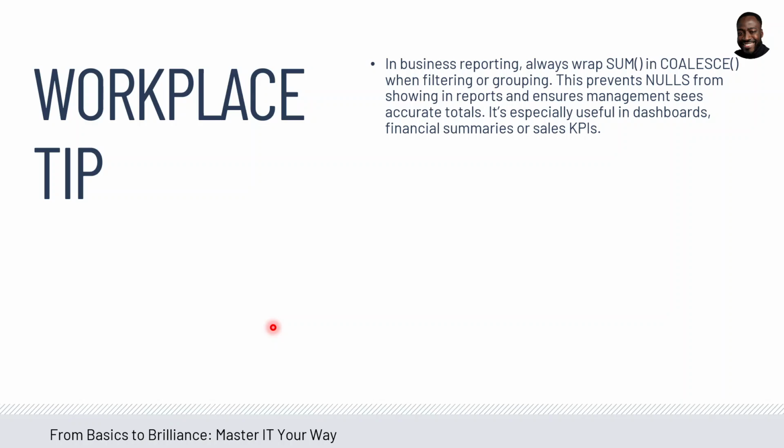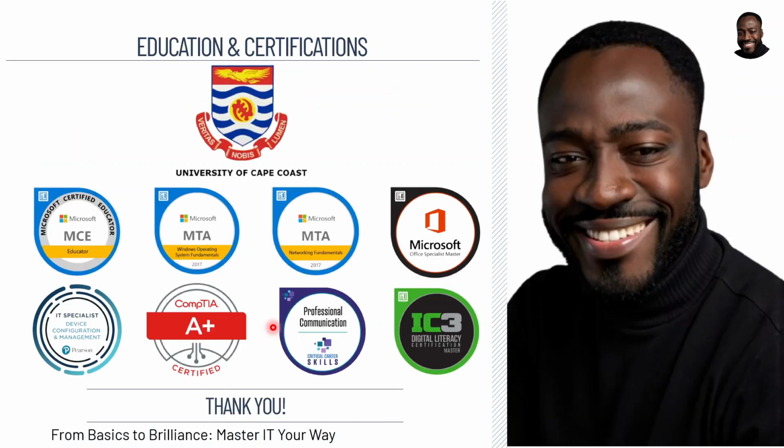So SUM and COALESCE: fast totals with missing data safety. Tomorrow, day 10, we will learn AVG, average, to calculate averages for deeper insight.